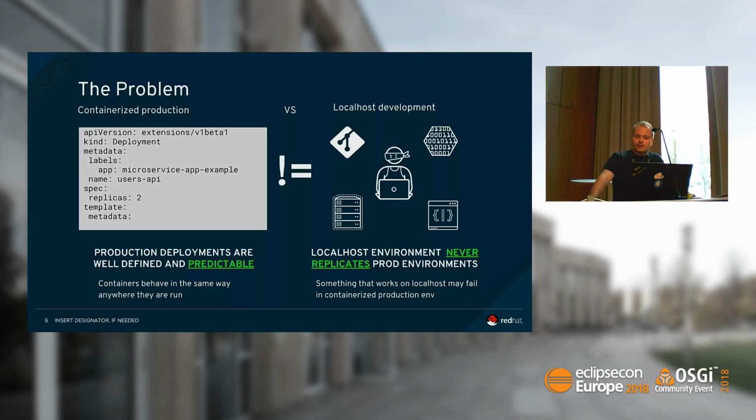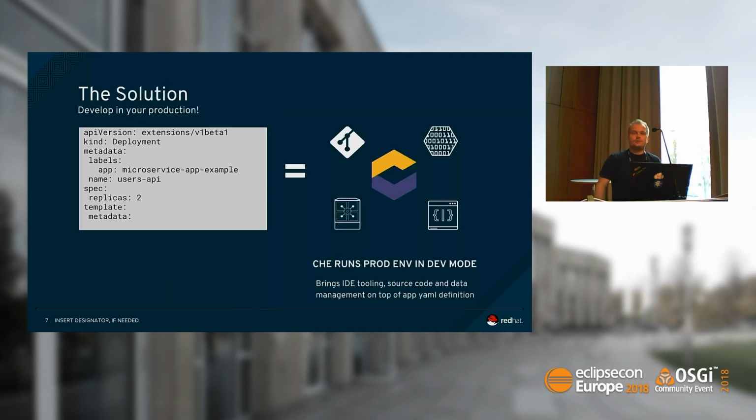So a localhost environment never replicates prod environments. So something that works on localhost may or will certainly fail in a containerized production or staging environment. So the solution that Eclipse Che offers is that simple.